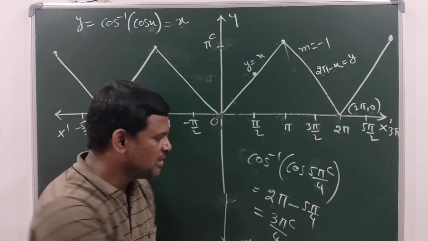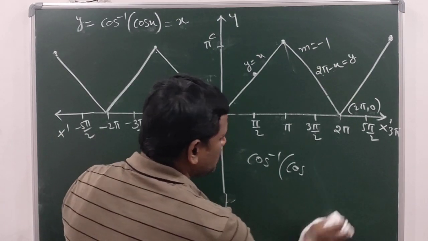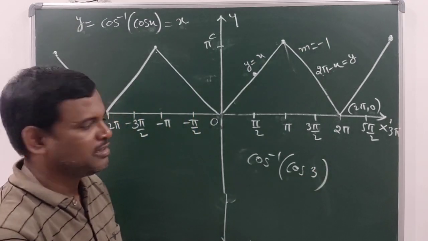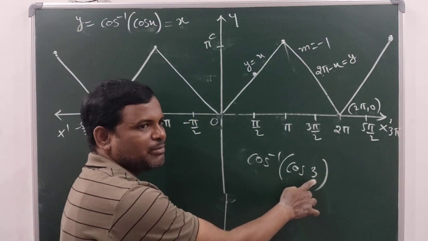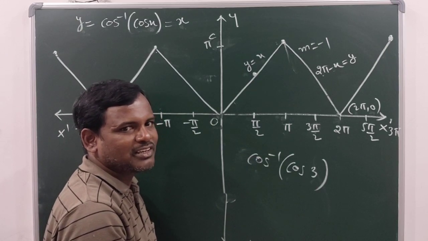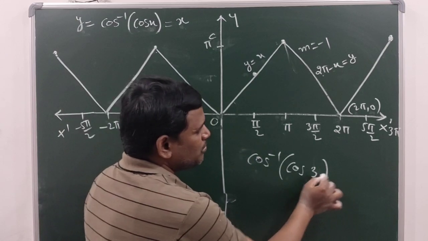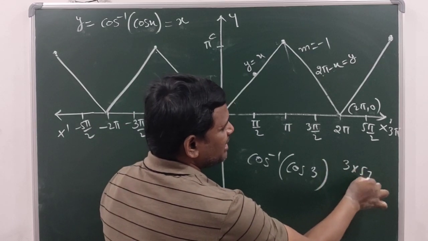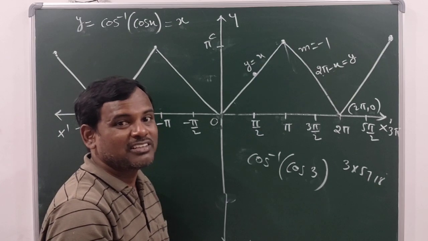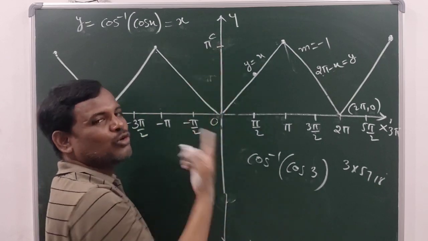Okay, na students? Similarly, sometimes your angle will be given as 3. So cos inverse of cos 3. 3 means what you have to understand about this: it is in radian measure. So 3 into 57 degrees 18 minutes is smaller than 180. So the range can be 0 to pi, no?